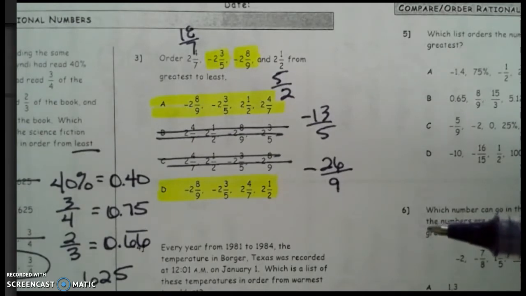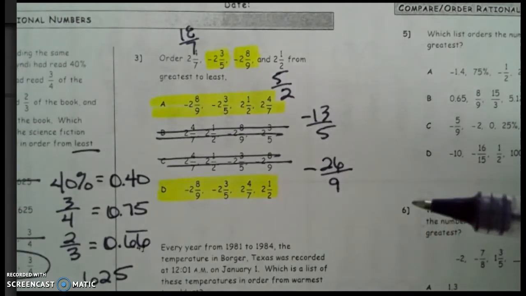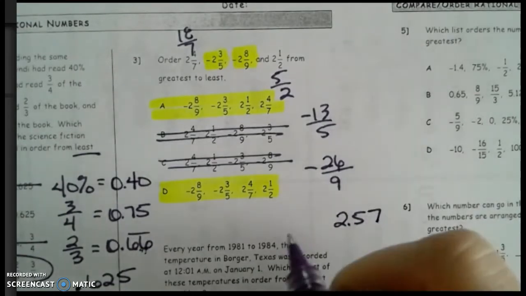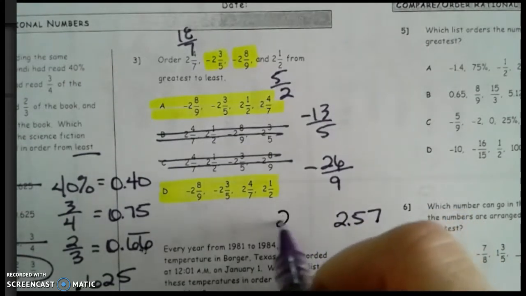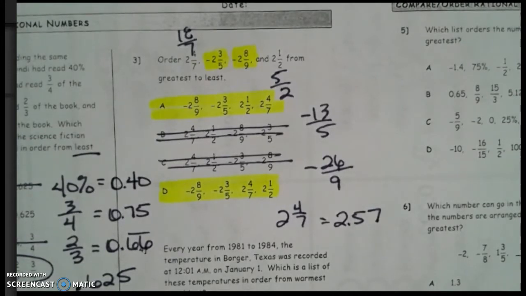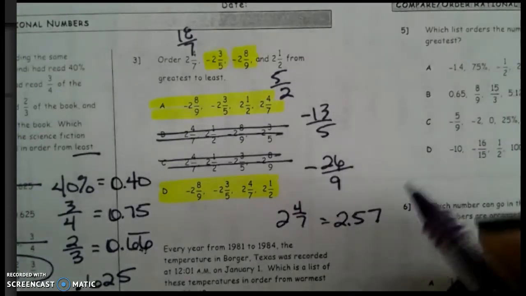You are better off just to divide those out. 18 divided by 7 is 2.57. That was the 2 4/7. The negative 2 3/5 would be negative 2.6.